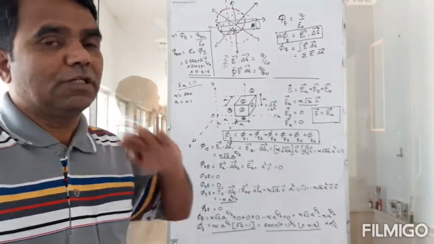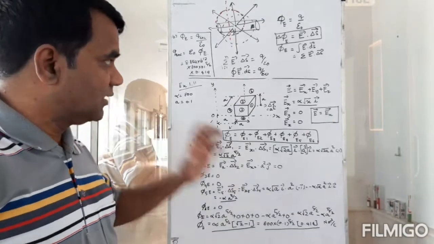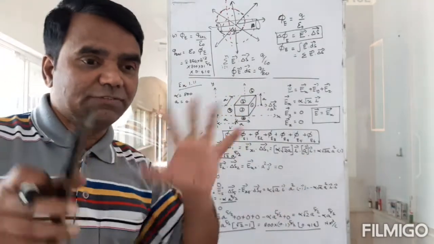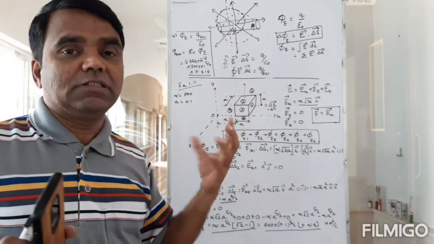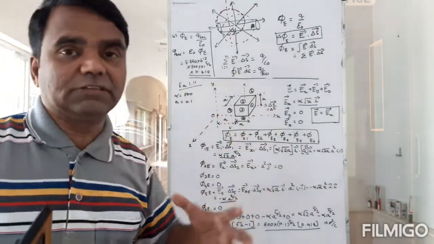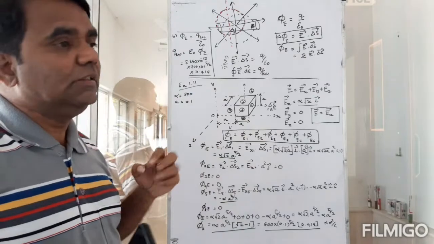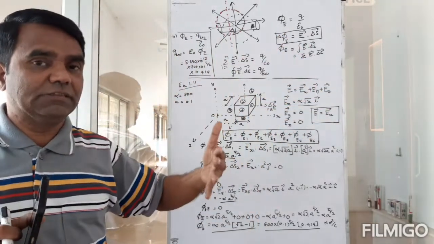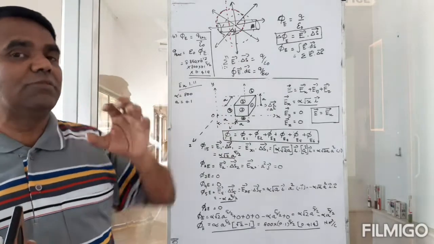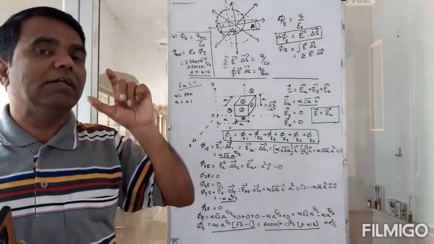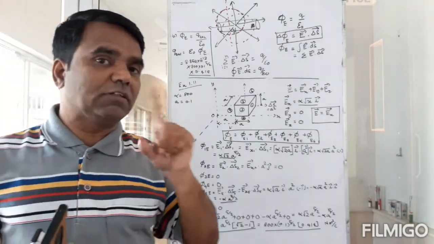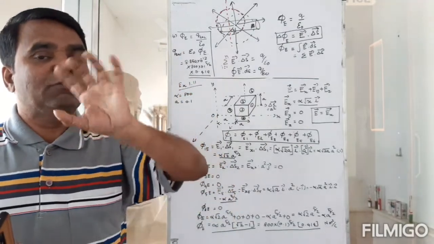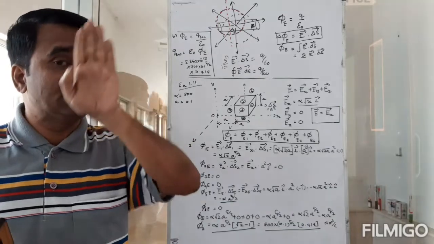So I want you to understand this again. What we have done here, we have taken a surface, we have assigned directions to the different areas of the surfaces of this closed surface. Now we found the E value on each surface, then found the flux through the surface by taking the E value and doing a dot product of that vector with the area vector. So it will give you the flux through that surface area alone.